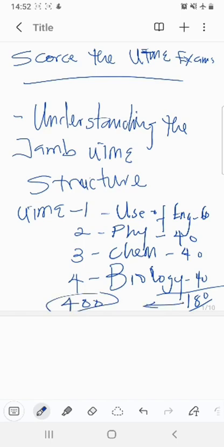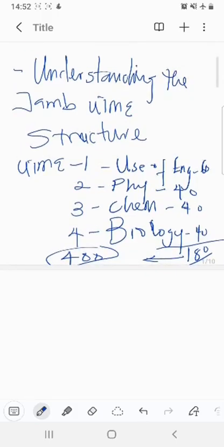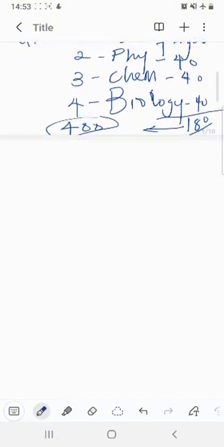That's how the computer marks the exam. So how does JAMB calculate to use this 180 to give us a total of 400 marks? Now, you should note that every question in your exam is important.